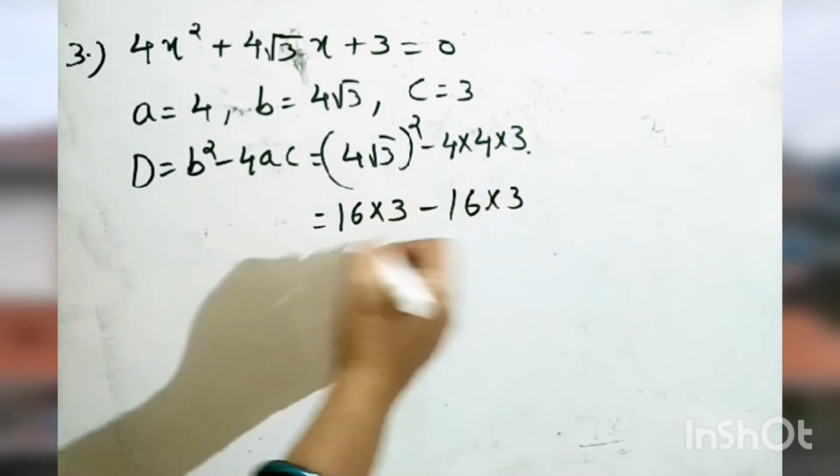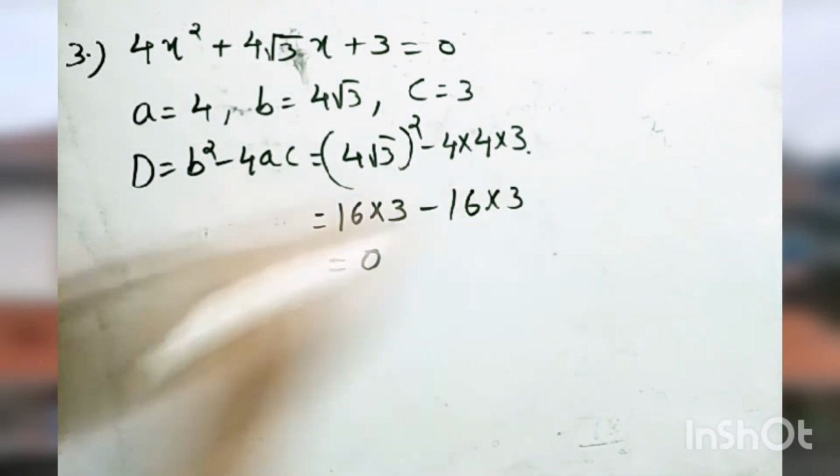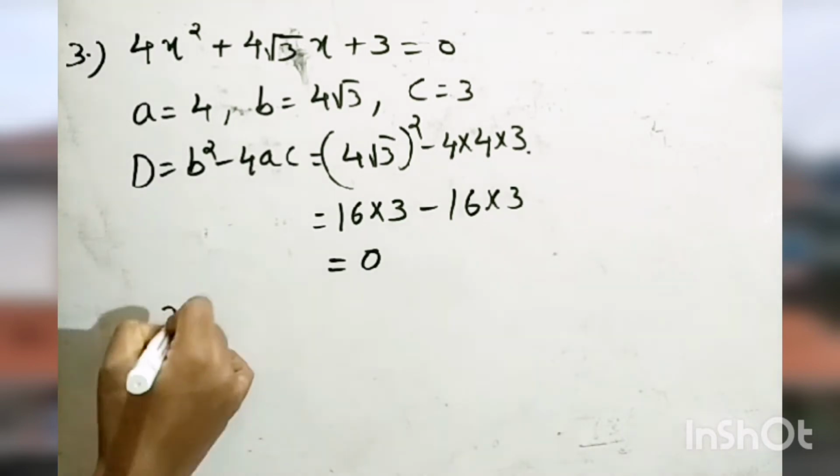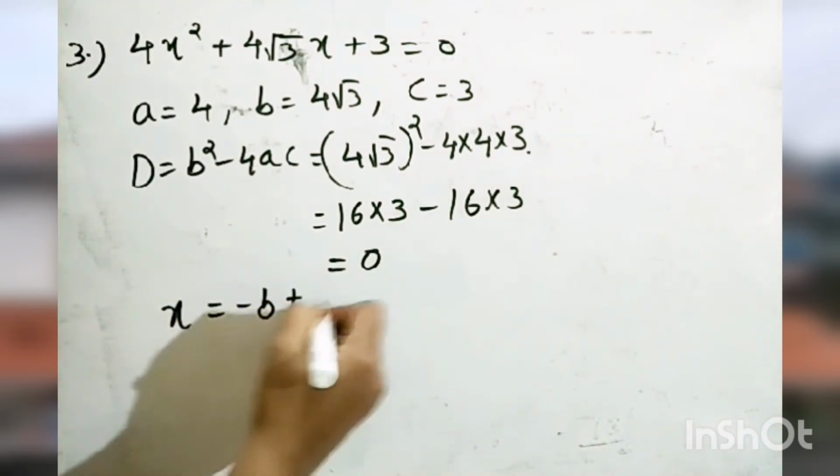What is this actually? 16 into 3 minus 16 into 3, that is 0. If b square minus 4ac is 0, what is our conclusion? 2 equal real roots.